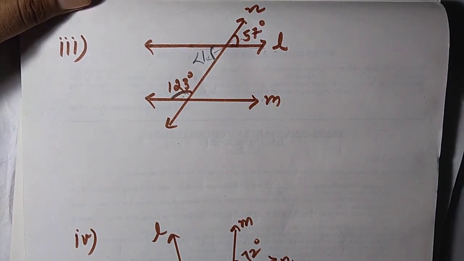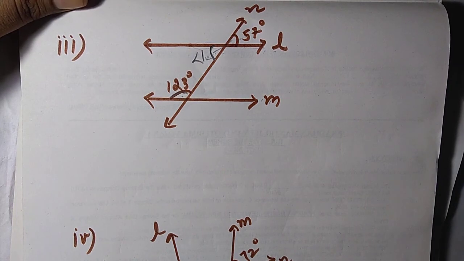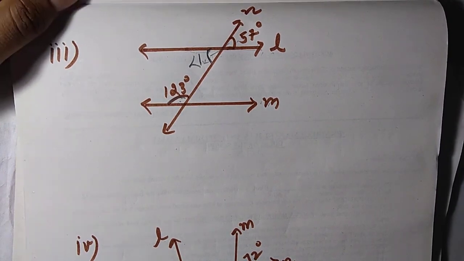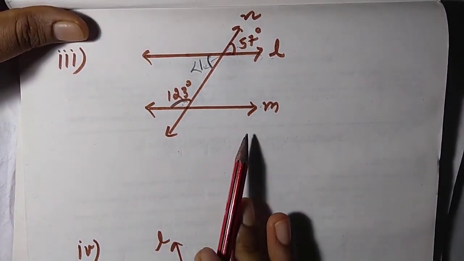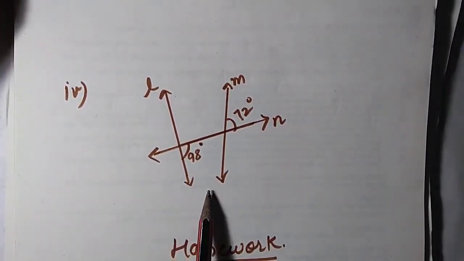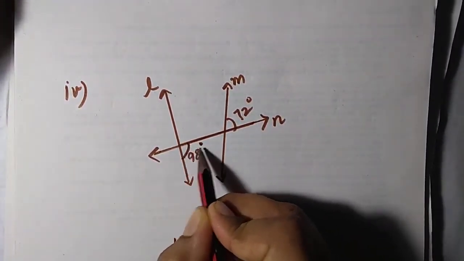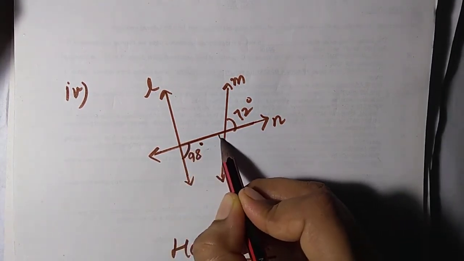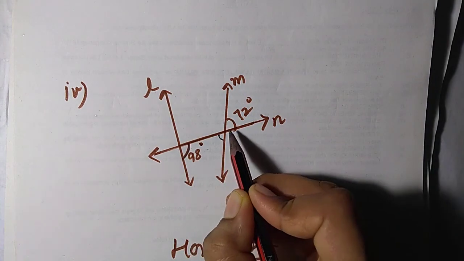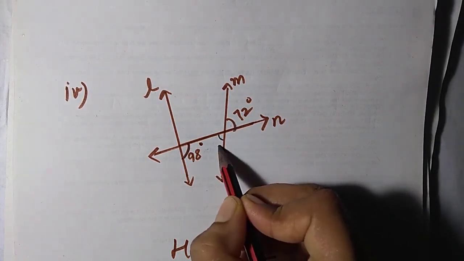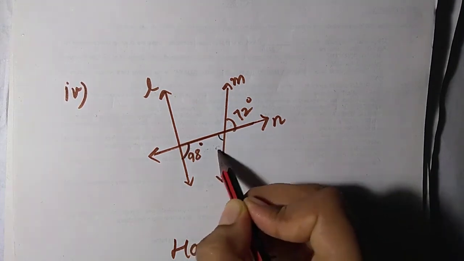Okay, same way you have to sum up the co-interior angles. If the sum comes out to be 180, then lines are parallel, otherwise no. Okay, so you can do it yourself. I have explained this. Now come to the fourth part. Here, this is an interior angle, inside the lines, so I need this for forming the co-interior angle. If this is 72 degrees, this will also be 72 degrees because they are vertically opposite angles.